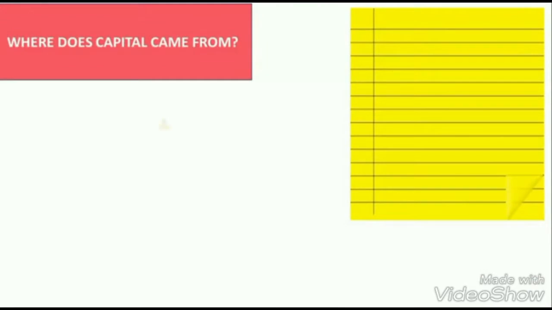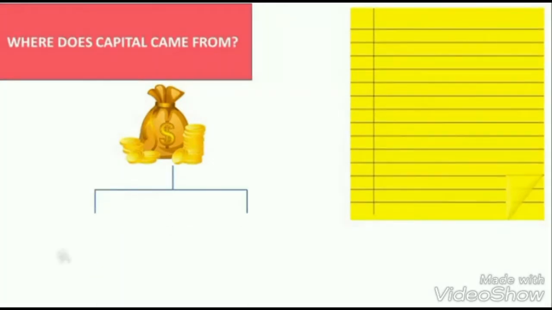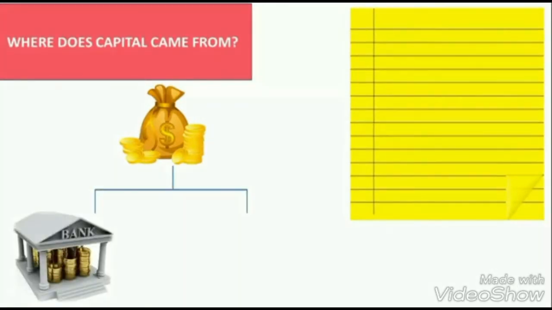The next question is, where does capital come from? Well, there are two usual places where you can get capital. The first way is to borrow money from the bank. Sometimes you don't have enough money to put things up, so you borrow money, and this is called debt.